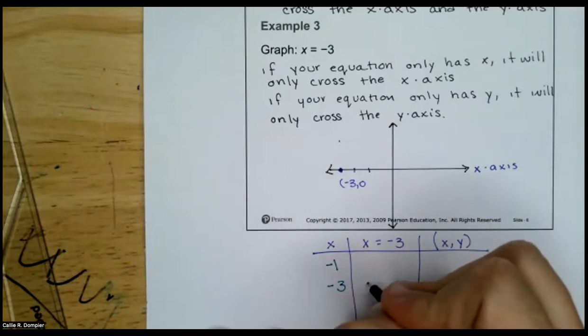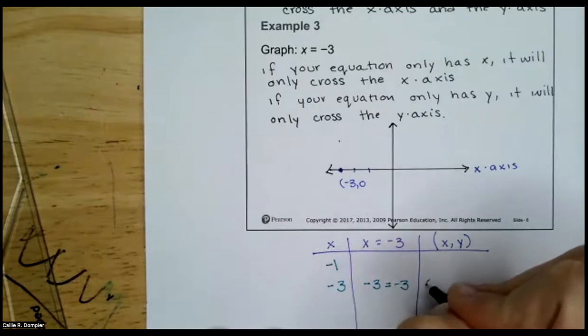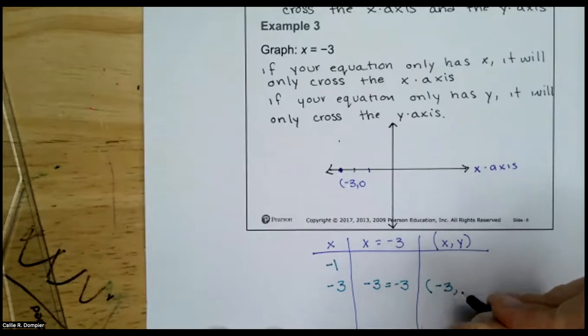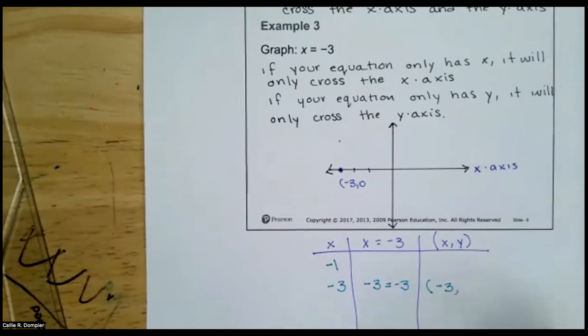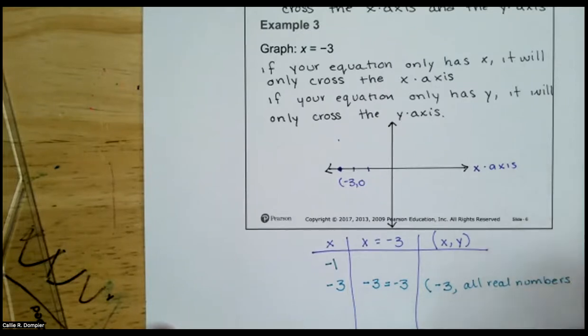X can only be -3. And then when I replace -3, X is -3. Y can be anything, right? All real numbers. So you can't even make a table, right? There's no table to be made.